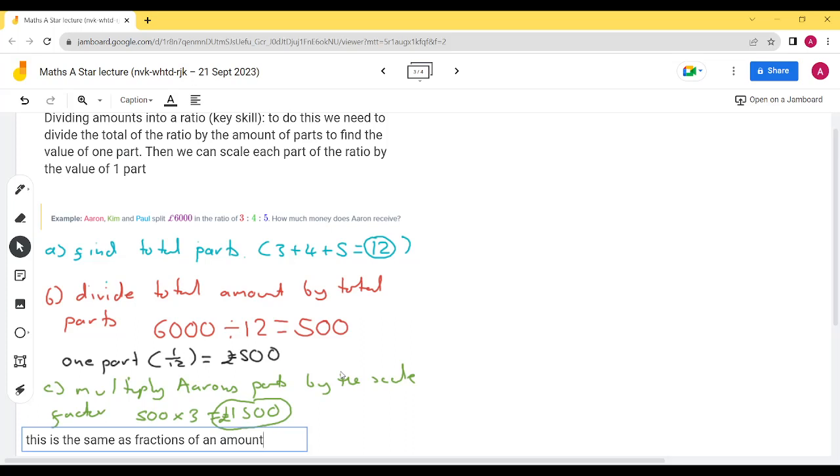We found the denominator, 12, by adding up the total parts. Then we divided the total by the total amount of parts to give us 1/12, and then multiplied by the amounts. Effectively we've done 3/12 of 6,000. It's exactly the same skill, even if it's written out slightly differently.